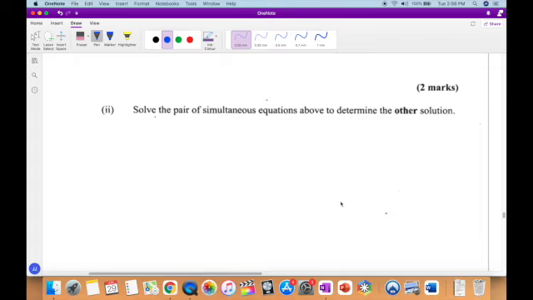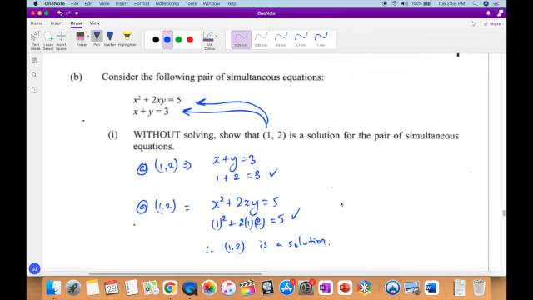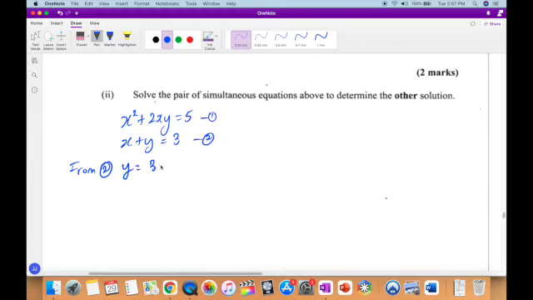Solve the pair of simultaneous equations above to determine the other solution. Okay, so now we have to do the simultaneous equation thing. So let's write x squared plus 2xy equals 5. And then the other one I have is x plus y equals 3, right? So let's call this equation 1, and this equation 2. From equation 2, if we want to substitute for y first, y is equal to 3 minus x.